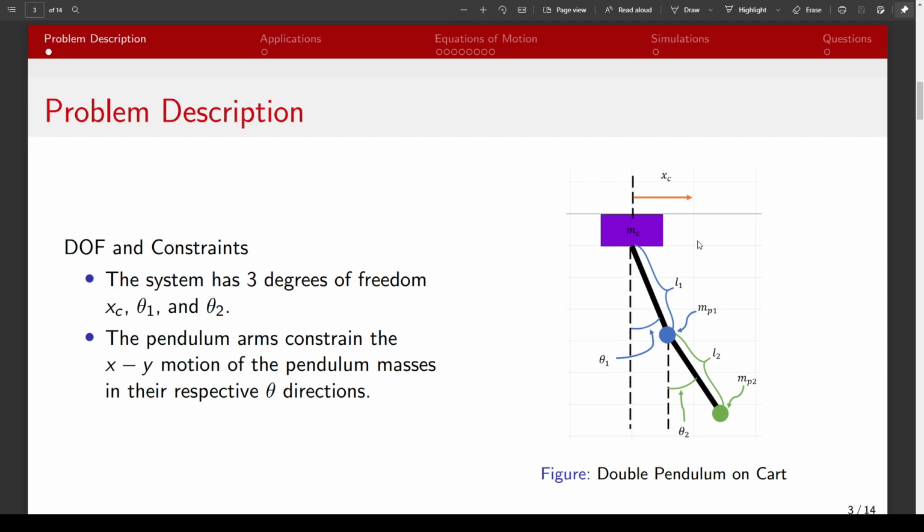One other thing that's not shown on this particular image is you could have forces and moments applied to this pendulum. So you could put a force on the cart, or you could apply moments to the first pendulum, or apply a moment to the second pendulum.